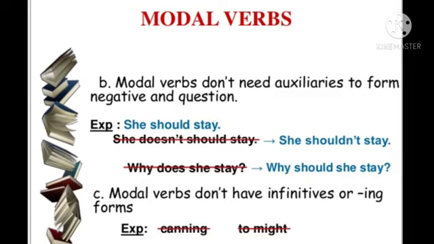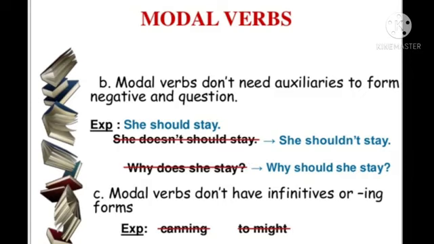We don't need the help of "doesn't" there. "She doesn't should stay" is wrong. And if we make a question with the same sentence, it should be "Why should she stay?" It doesn't need the help of "does" because the modal verb, should, is already there. So with the same modal auxiliary, we can make a negative and a question sentence.